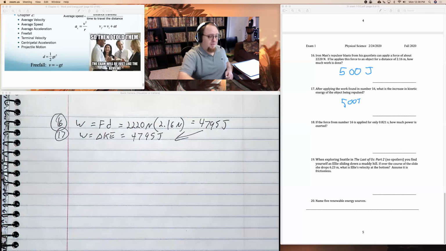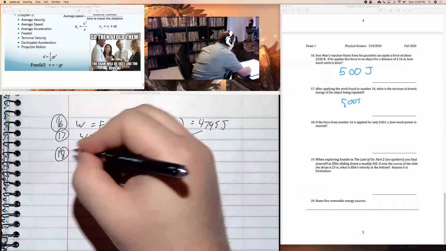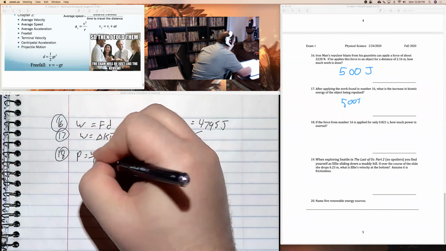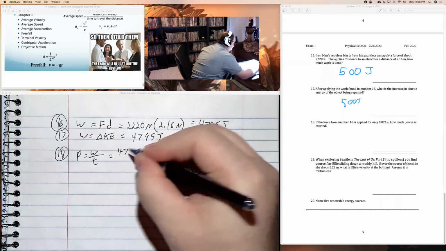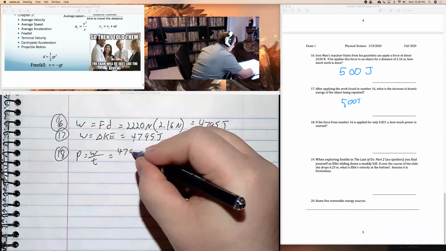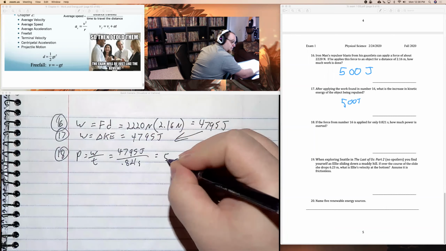Okay. Number 18 says the force from number 16 is applied for only 0.821 seconds. How much power is exerted? Power is work over time. And so we'll just say the work, 4,795 joules, over the time, and divide.